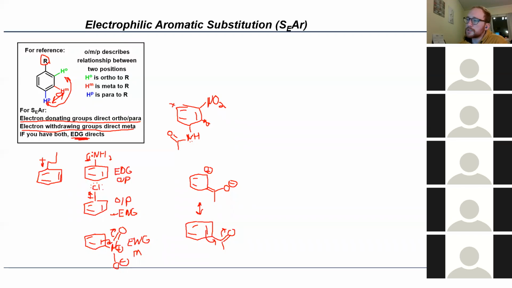So the nitro group wants to direct here. The amide directs ortho-para, so its preferred positions of substitution are here, here, and here.